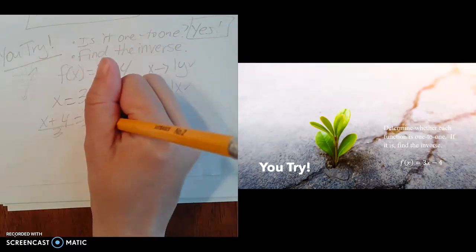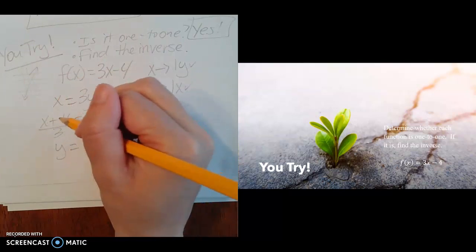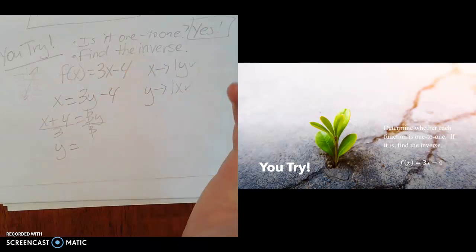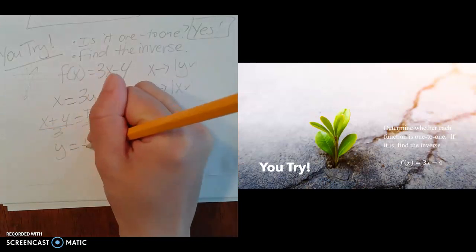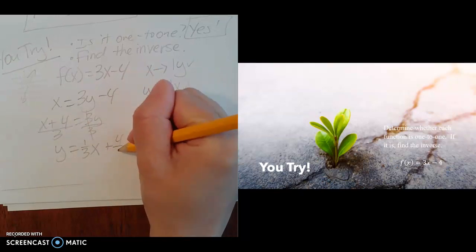So really I'm going to have y equals x plus 4 over 3, and I know with just a regular x like that, it's a linear function. So let's get that in a format that's a little more recognizable to us, which I think would probably be slope-intercept form. So 1x over 3, that would be 1/3 x, and 4 over 3 would be 4/3.